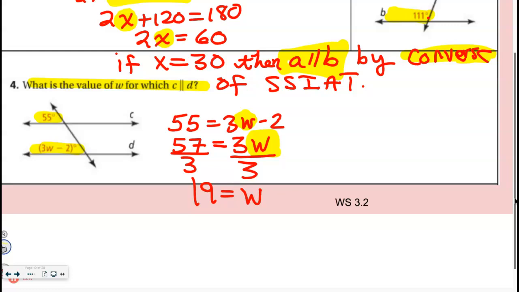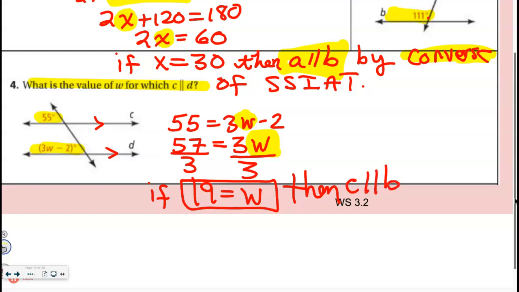But don't stop. We're going to write our sentence. Okay, that's the only number in the world that'll force these to run parallel. So we're going to say if W equals 19, then what can I conclude? C is running parallel to B. And then I'm going to say by which of our 4. Okay, so by, and then you have to decide what these were.